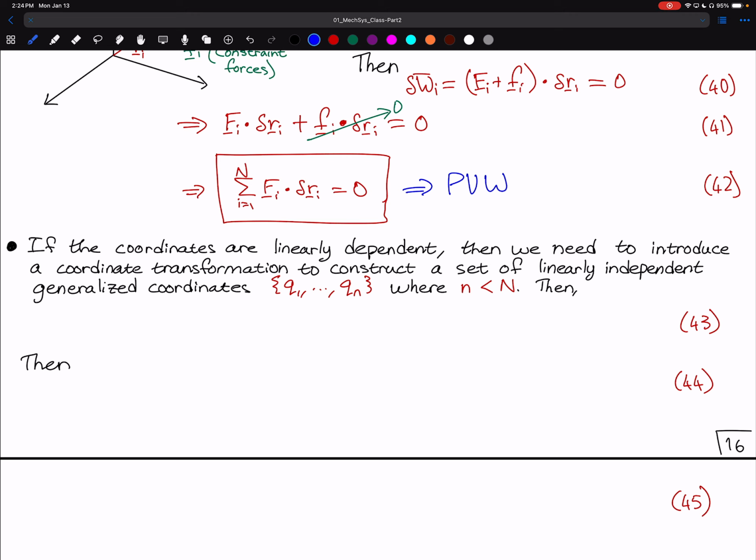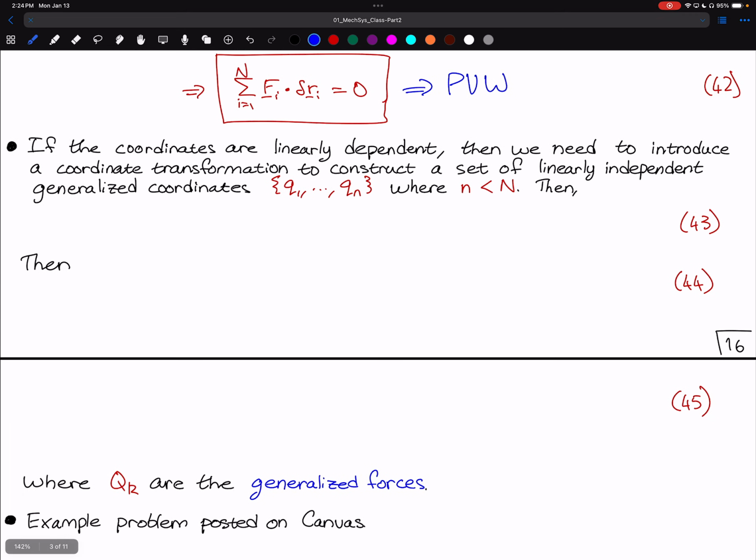Okay, so in that case, we're going to write that our position vector, Ri, is now a function of q1 up to q little n, and this is true for i equals 1 up to big N. And then we're going to apply this virtual displacement to this coordinate system, and we're going to have to do a chain rule.